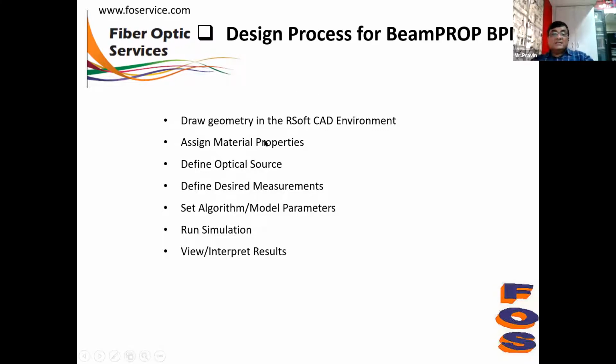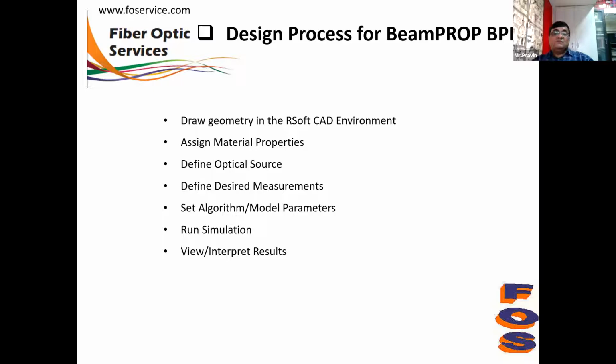In fact, this is the design process for all the tools. First, you define the geometry, draw the geometry, assign the material property for each of the segments, define the optical source, as I had shown. The input source, you can define whatever type of input source you want to use. You can define multiple sources as well.